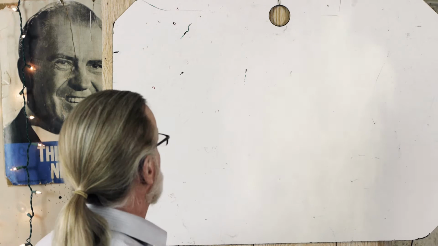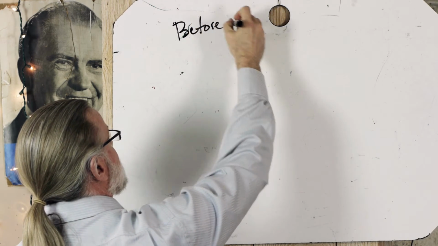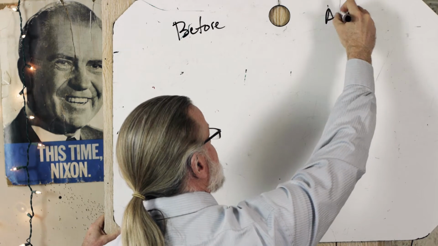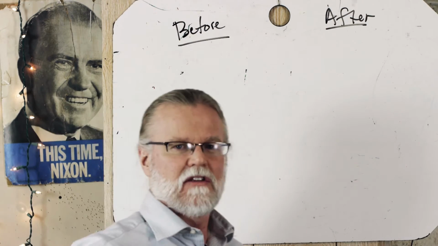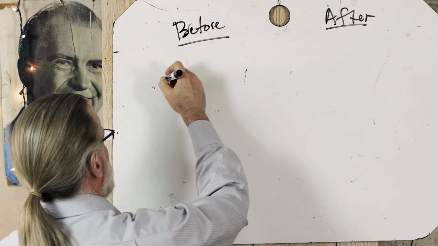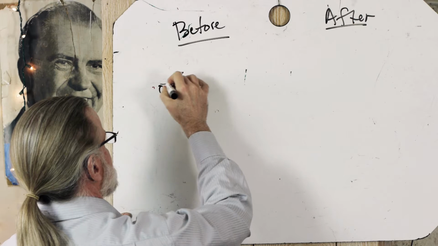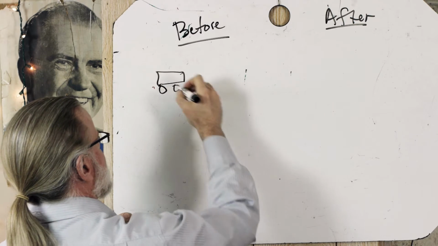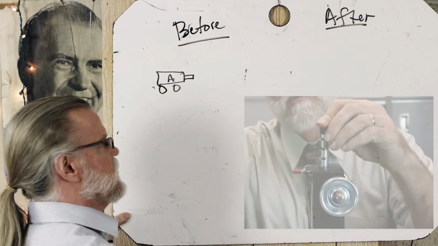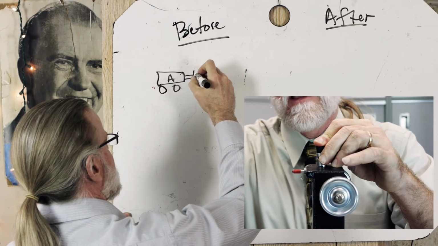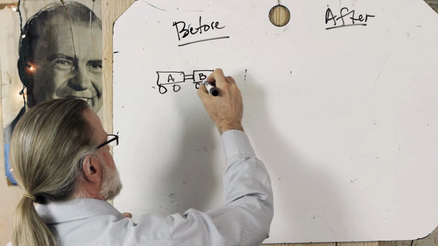Okay, so we're going to have a before and after situation, as we always do in conservation of momentum. And imagine if we took a cart like this. Here we have cart A. On it we have a plunger, and cart B is right here, like that.